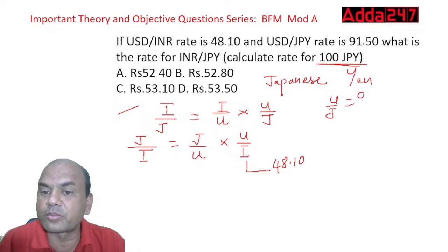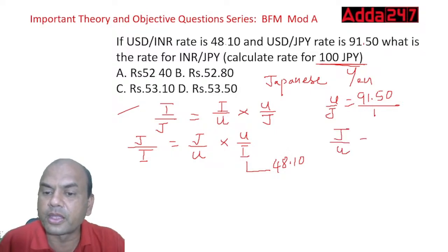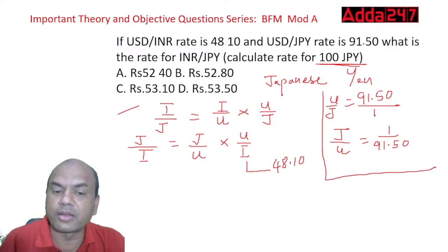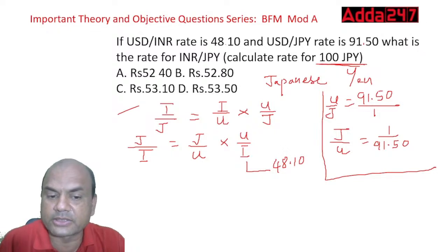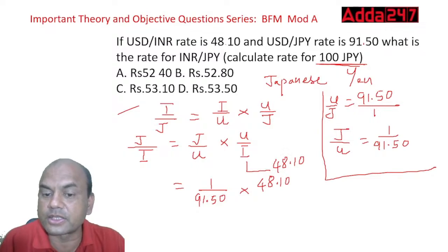So if I want JPY to USD, it is 1 upon 91.50, J upon U equals 1 upon 91.50. That will be the rate. Now I've got the JPY to USD rate. Multiply this, put it over here. So my answer will be 1 upon 91.50 into 48.10.